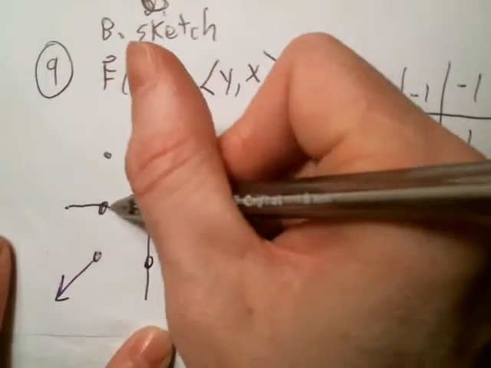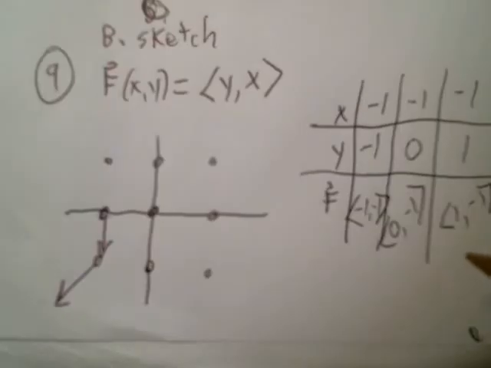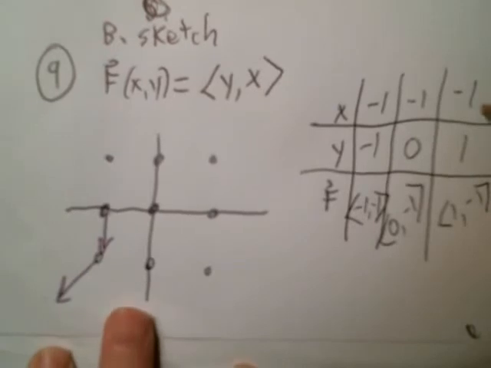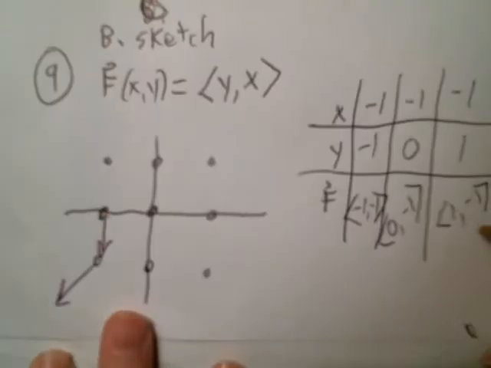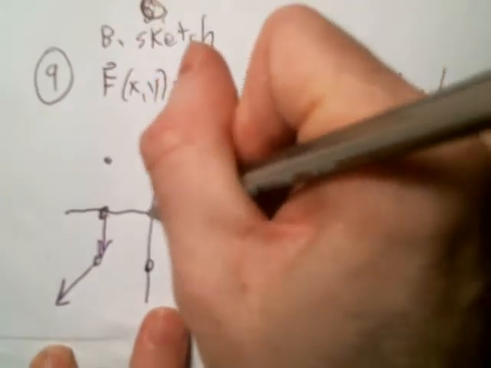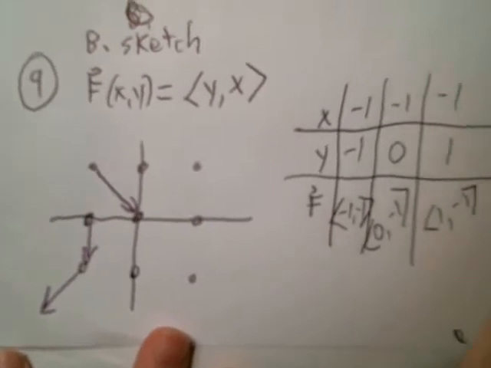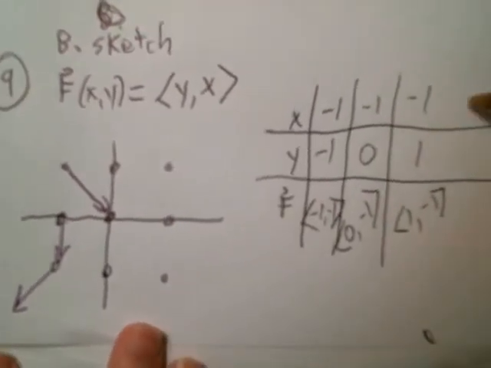So don't move in the x direction. Go down in the y direction like that, and then at -1, 1, we have 1, -1. So to the right by 1 and then down -1. So you'd have this vector. Okay. All right. And so on and so forth, right?